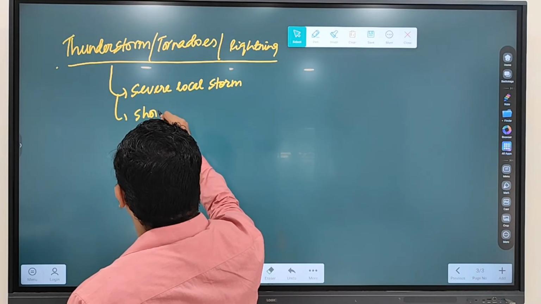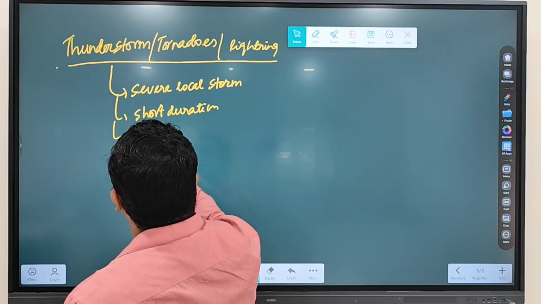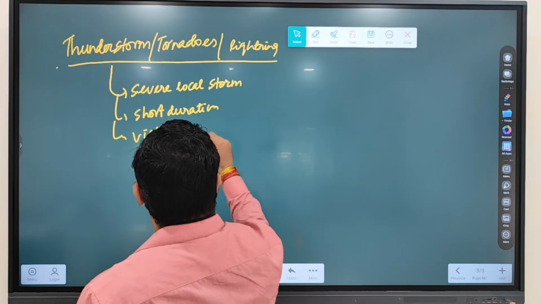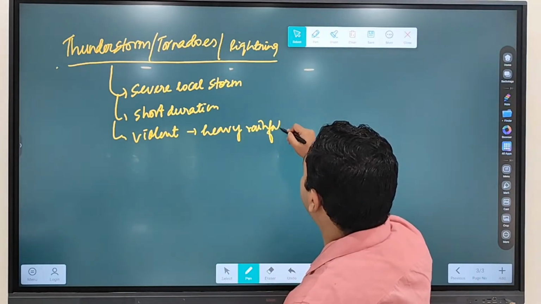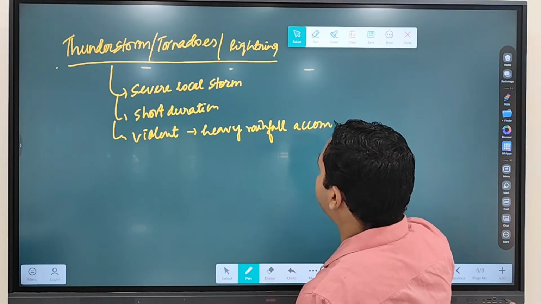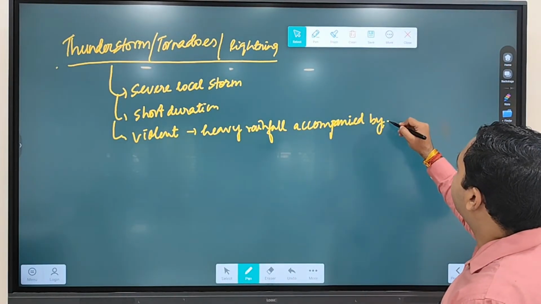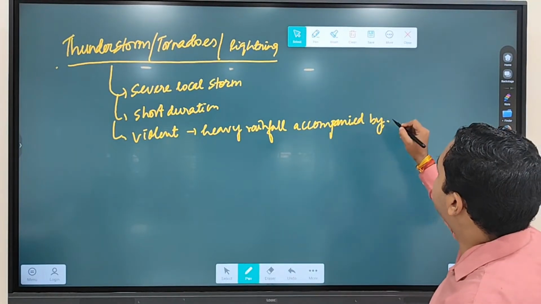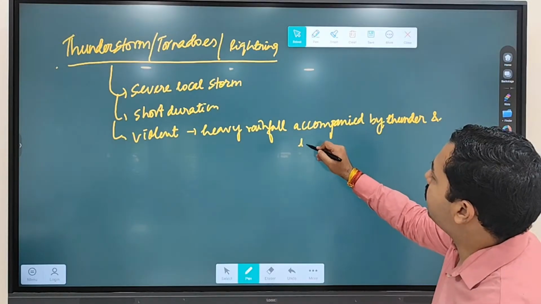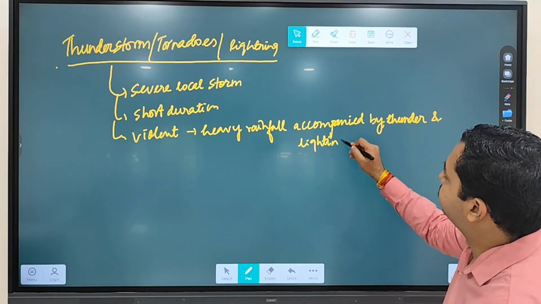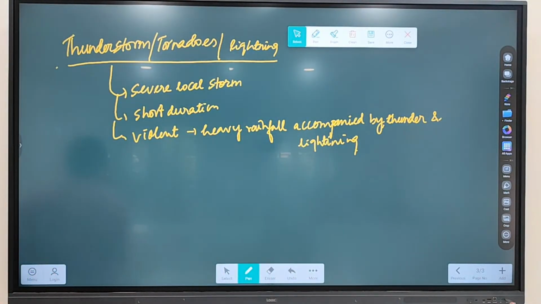These are of short duration, but these are violent as they cause heavy rainfall accompanied by thunder and lightning. Fine. So this is the definition for thunderstorm.